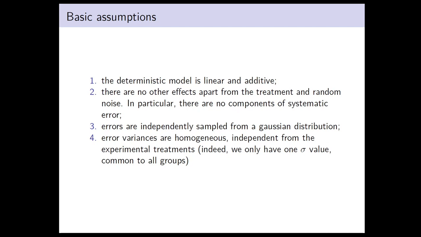Okay, because we are talking about 16 independent errors, and these independent errors are sampled from a Gaussian distribution, so overall their mean should be 0. If we have a systematic component of error, if you remember, a systematic component of error tends to represent always with the same value and the same sign.